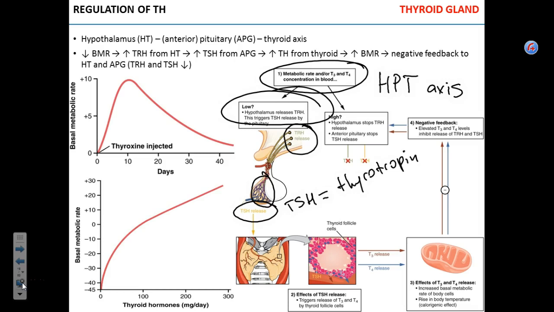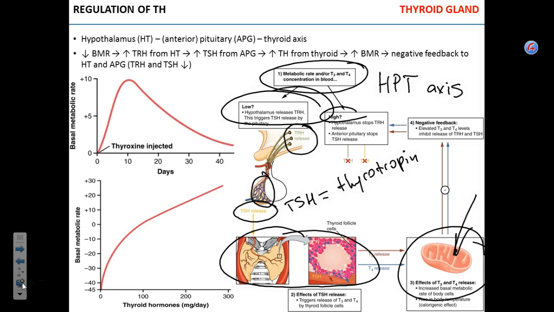TSH will then act on the thyroid gland, stimulate the release of T3 and T4 from the follicular cells into the bloodstream, and you've got basal metabolic rate elevated. Does that make sense? So BMR goes up.